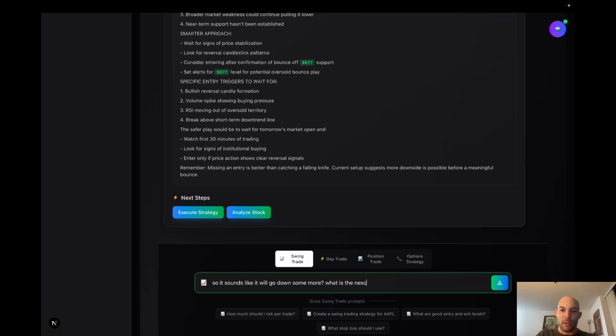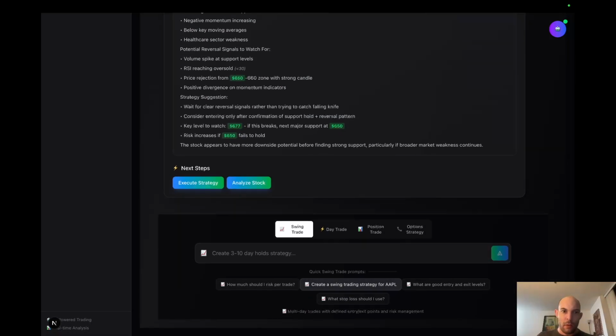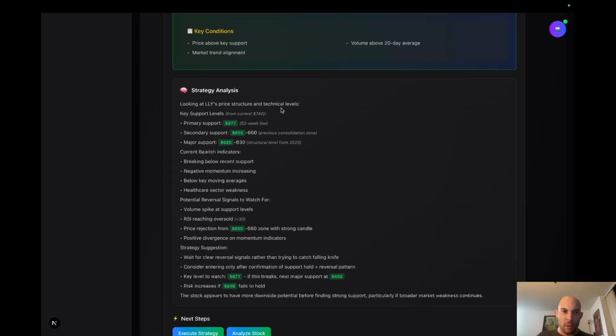What is the next support for it to fall to before potentially reversing? Let's see what it says.